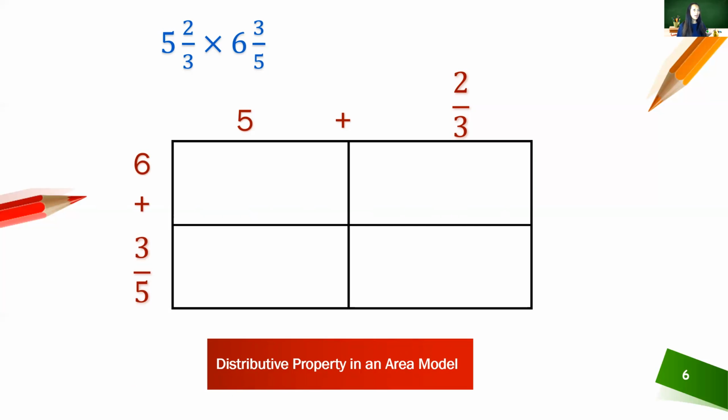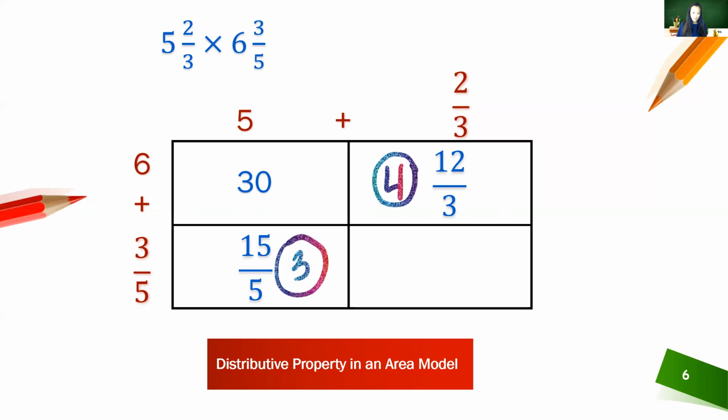And you can see how the distributive property works here, right? So 5 times 6 is 30. 5 times 2/3 is 10/3, which is the same as 3 1/3. And then 5 groups of 3/5 is 15/5, which is 3.